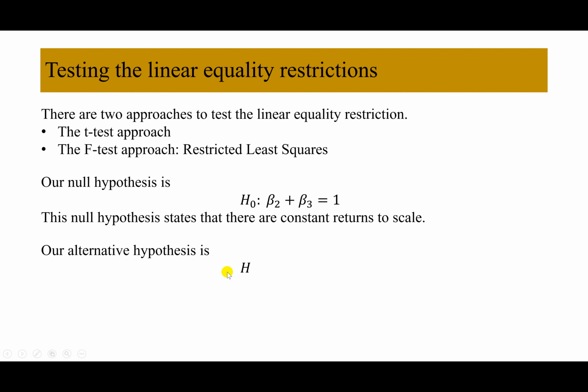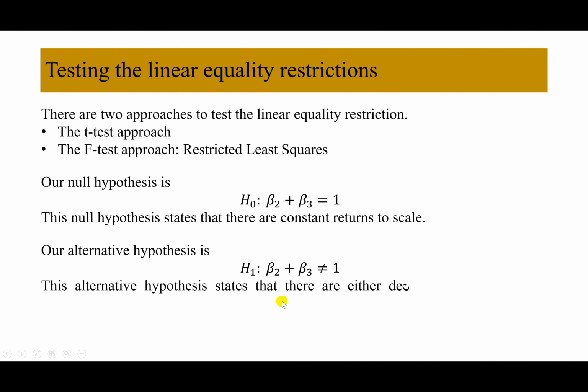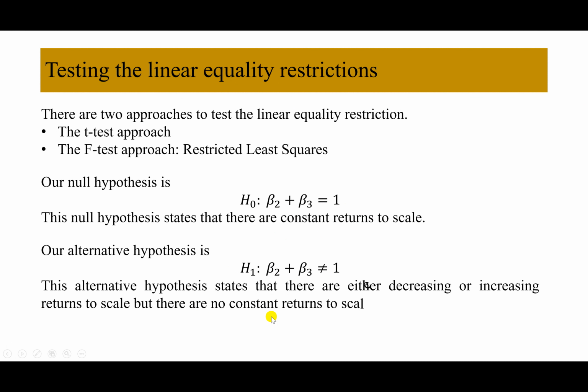Our alternative hypothesis is that beta 2 plus beta 3 is not equal to 1, which states that there are either decreasing or increasing returns to scale, but no constant returns to scale.